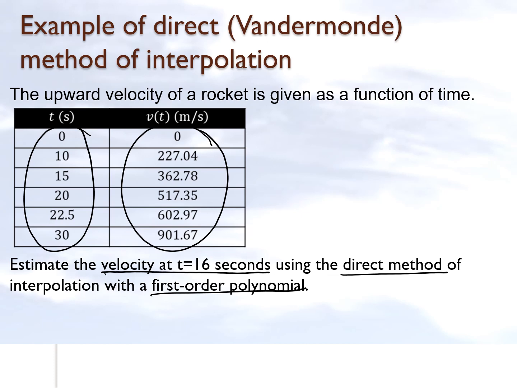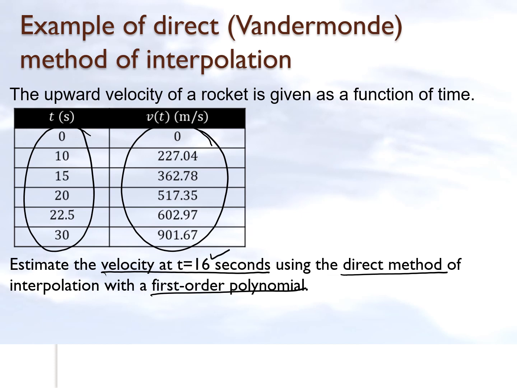As we have gathered, for the first order polynomial we need 2 data points. So the question arises: which 2 of these 6 data points will I choose to find the value of velocity at 16? It makes perfect sense that we choose the 2 closest points to 16, but they should also bracket the point t equal to 16.